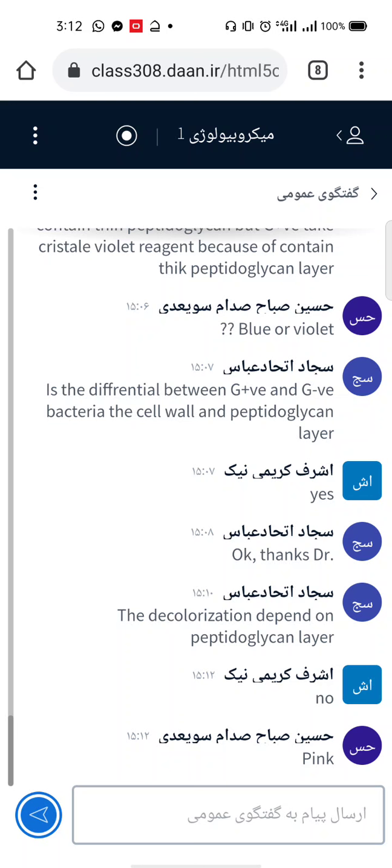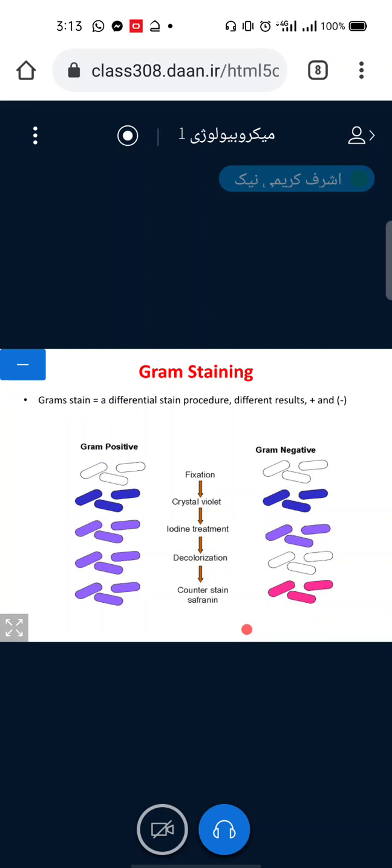Thus, being gram-positive or gram-negative is related to outer membrane and lipid composition, not peptidoglycan. You may ask if it depends on the peptidoglycan layer?